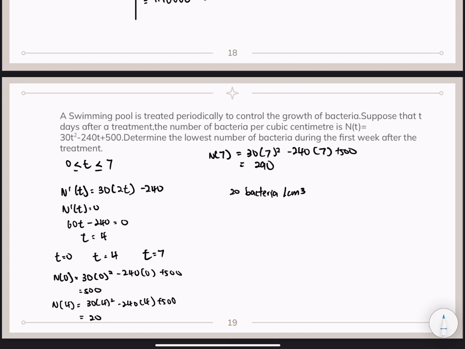So the first step is to find the interval based on the given information, and we know it is the first week. So the interval is T greater than or equal to 0 and less than or equal to 7.